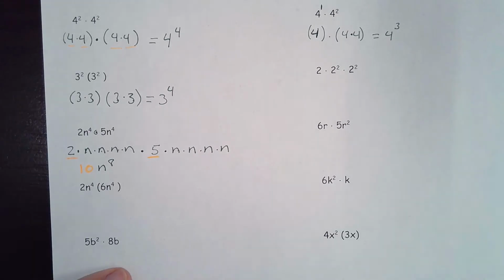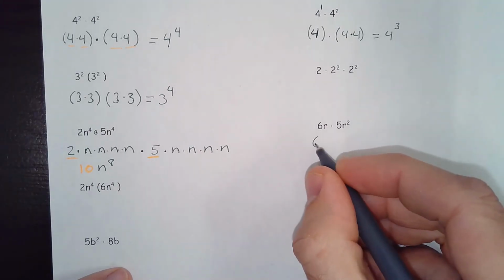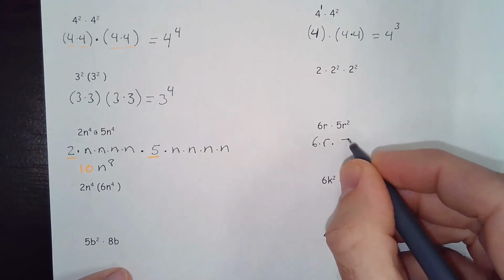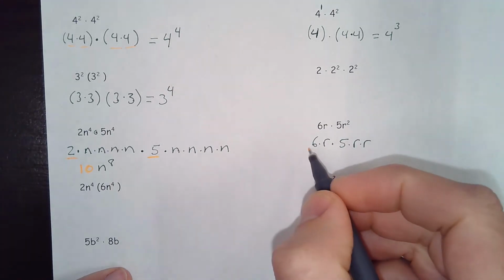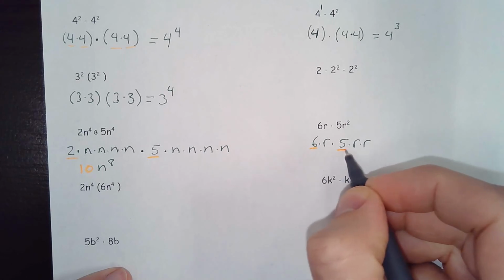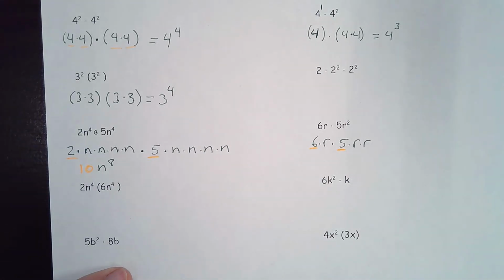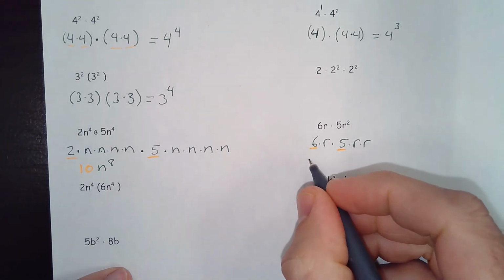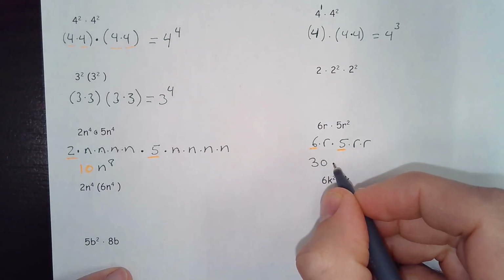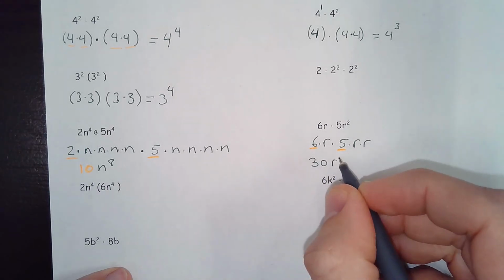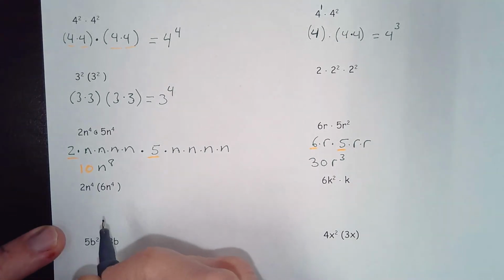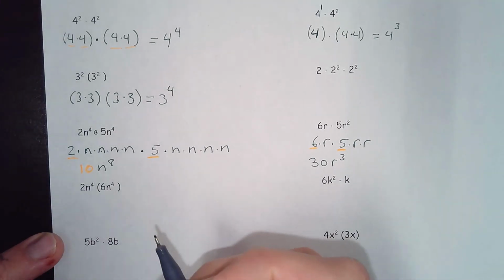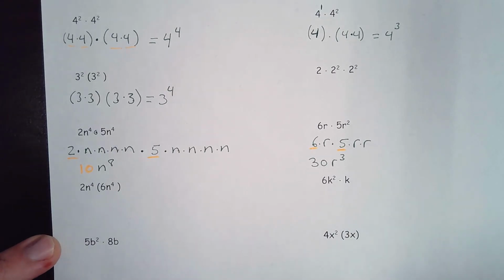So expanding these out is the key for now. 6 times r times 5 times r times r. Find the numbers here and multiply them out: 5 times 6 is 30. And then there are 3 r's, r to the third. Keep expanding it. We'll do maybe 2 more.